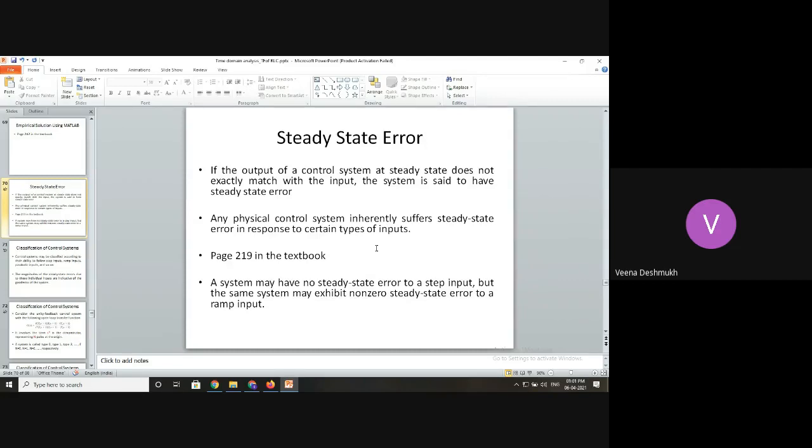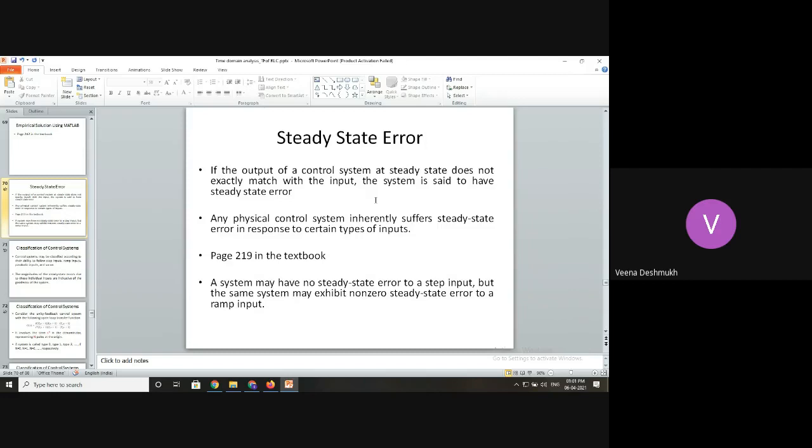Then the question of error comes into the picture, because it is not producing the exact response we expected. So this leads to errors. In the transient phase, this is called dynamic error. And once the steady state is attained, this error is called steady state error.